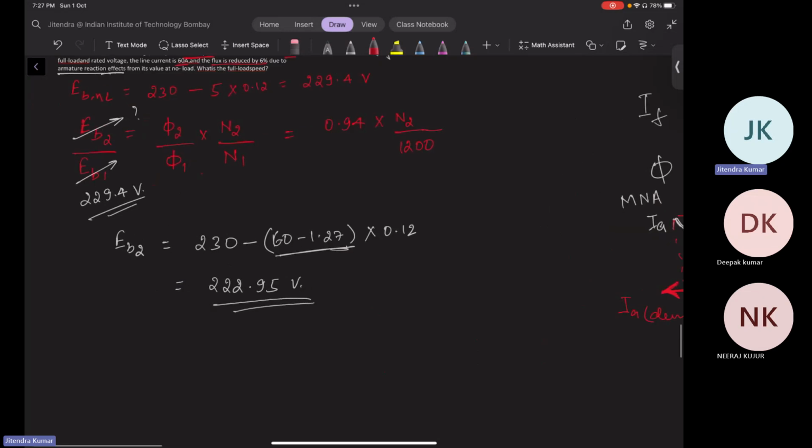So now we have ended up with the back EMF of 222.95. Let's see what will be the speed.